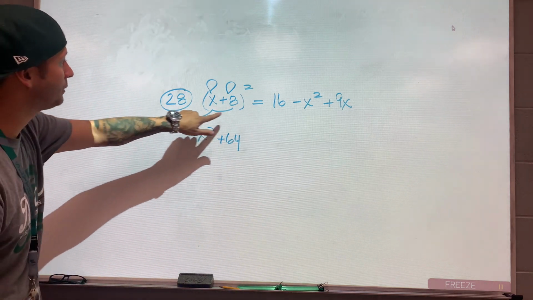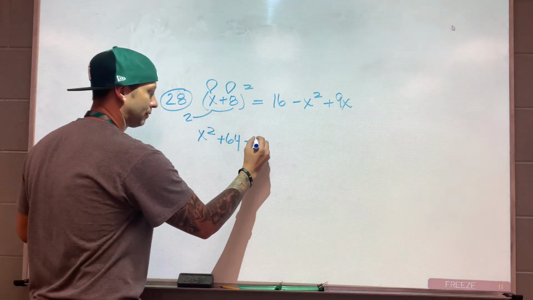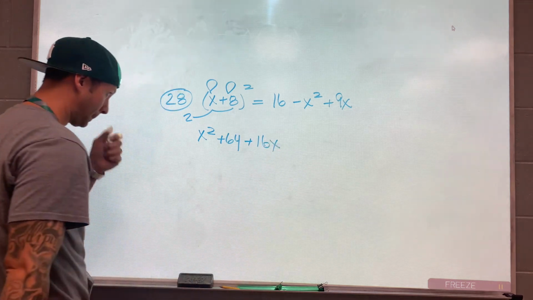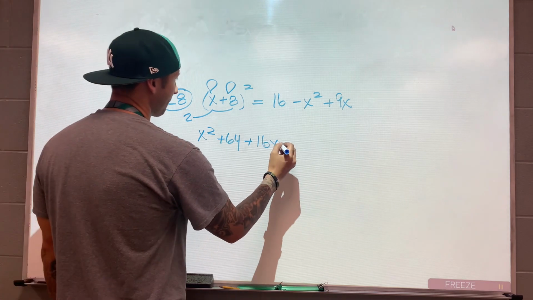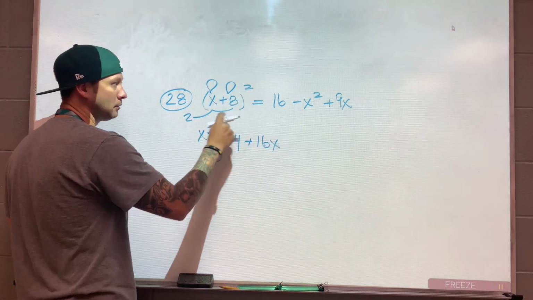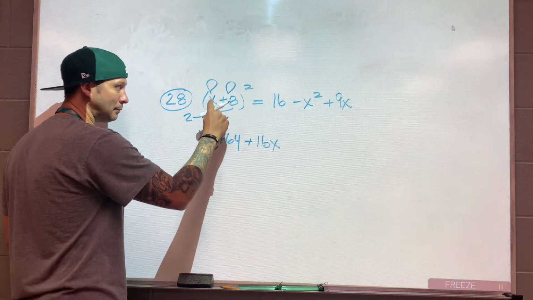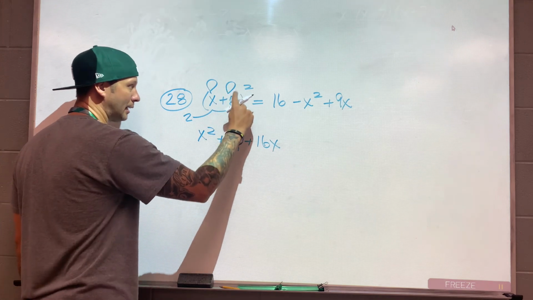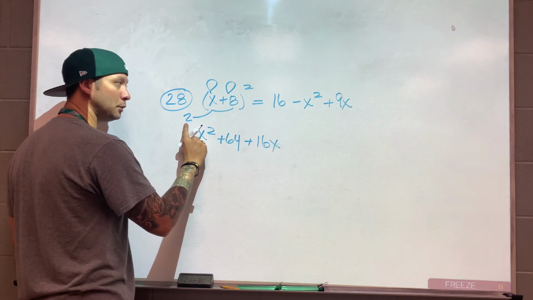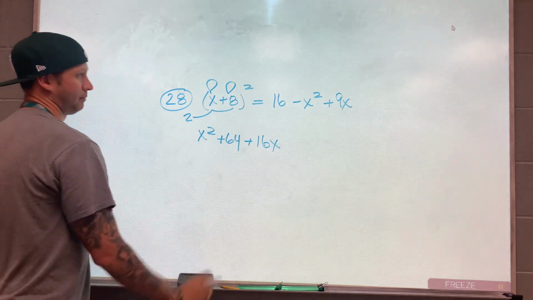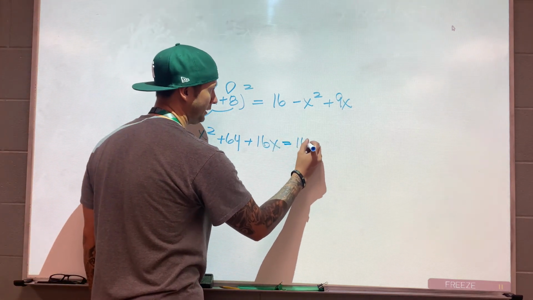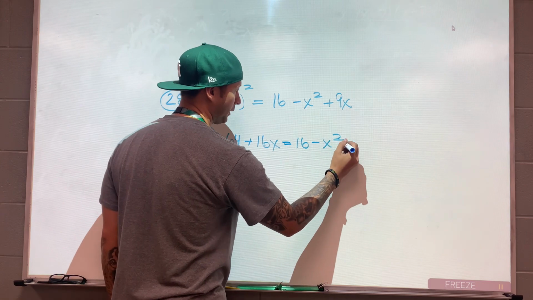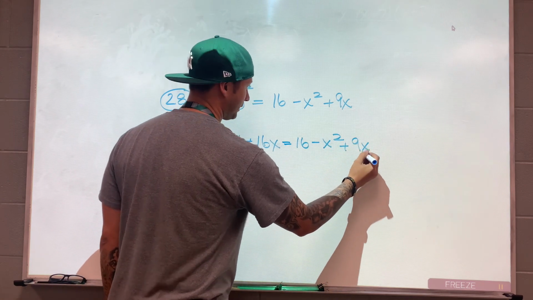So it's going to be 2 times 8 is 16 times x. All right, so again, binomial squared, I do x times x, 8 times 8, 2 times x times 8 equals 16 minus x squared plus 9x.